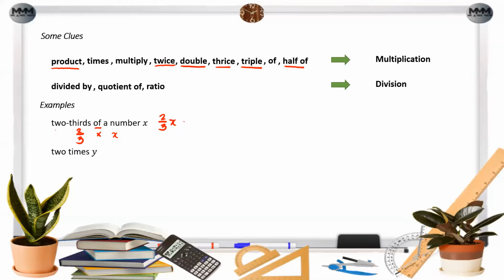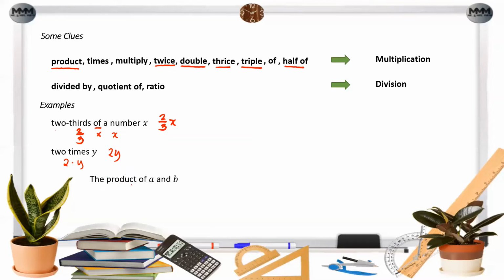Next, 2 times y is simply 2 times y. By the way, this dot here means we multiply 2 and y. We can use this symbol for our multiplication or this symbol. Or we can simply write it as 2y for 2 times y.